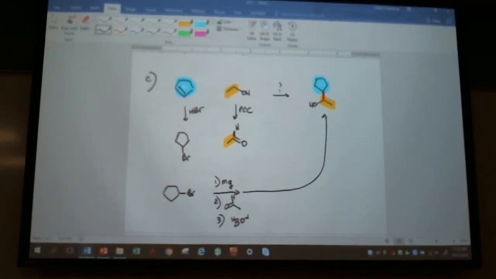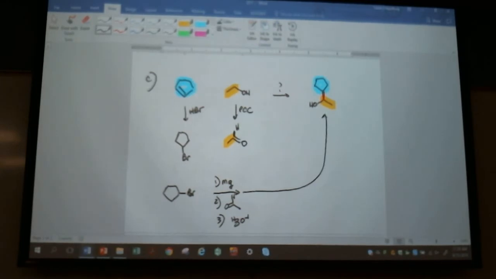Okay? So again, we look at the product, we look at the starting materials, we figure out what is coming from where, typically carbons, right? We look at what particular bonds we're making to join those pieces together. If that bond is a carbon-carbon bond, then let's use a strategy that makes carbon-carbon bonds, like Grignards.